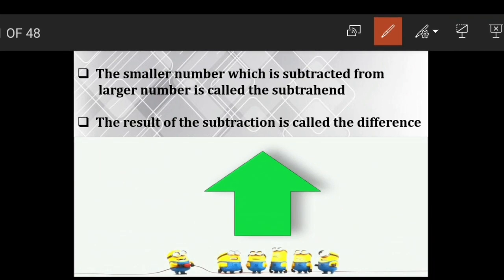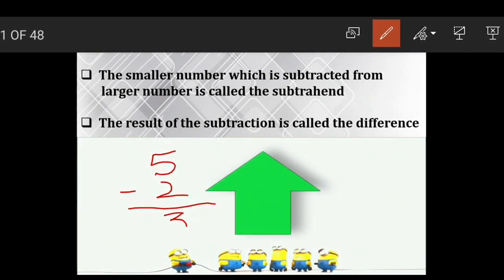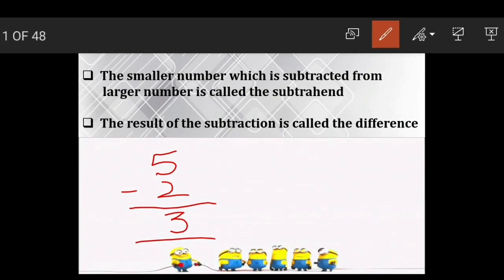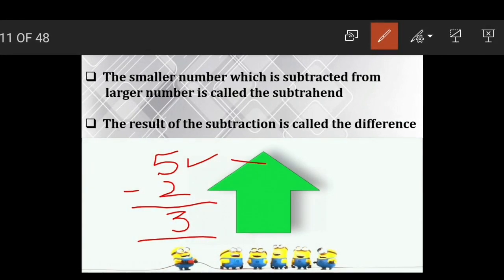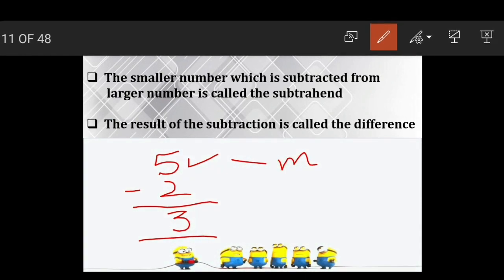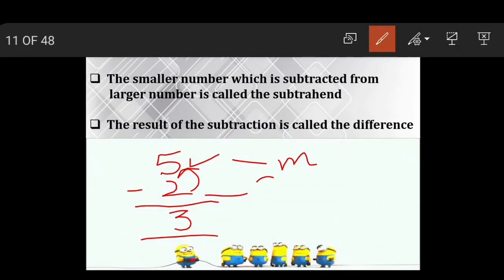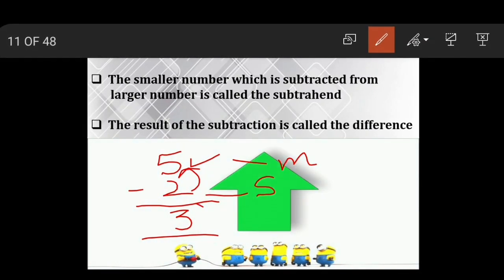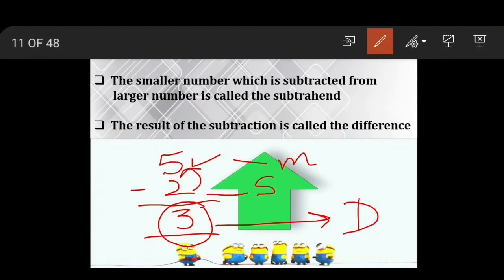For example, I am subtracting 5 minus 2 and the answer will be 3. So the larger number from which we are deducting the smaller number is called minuend. The smaller number which is deducted from the larger number is called subtrahend, and the answer that we get is called difference.